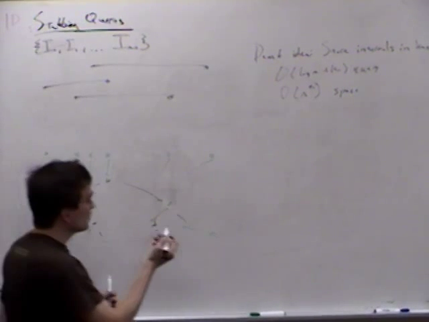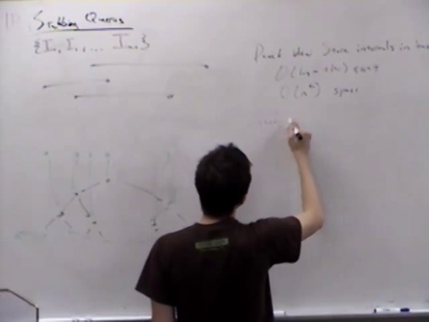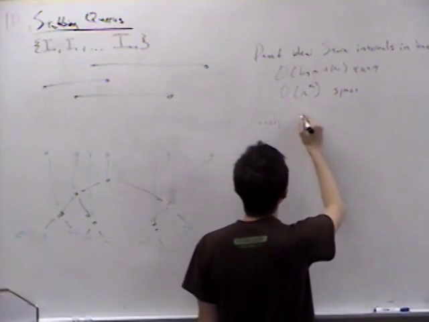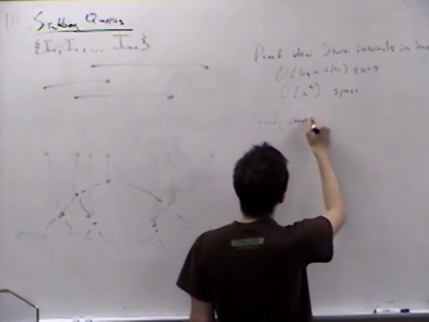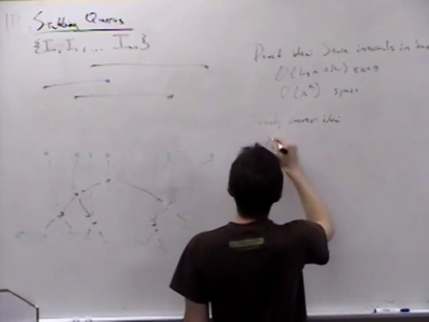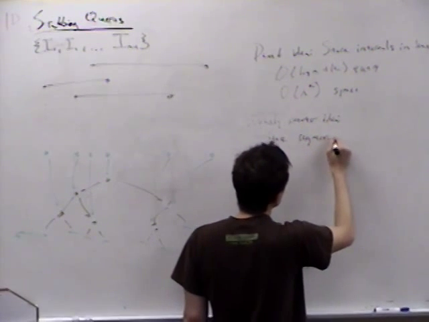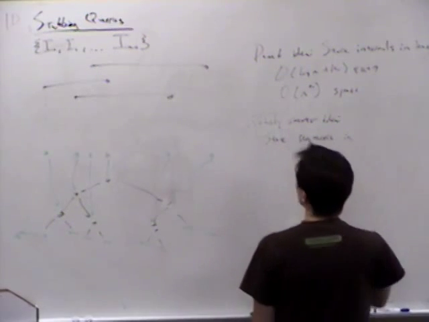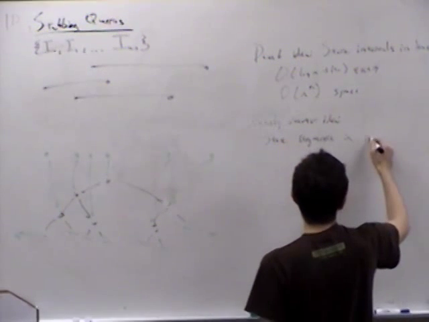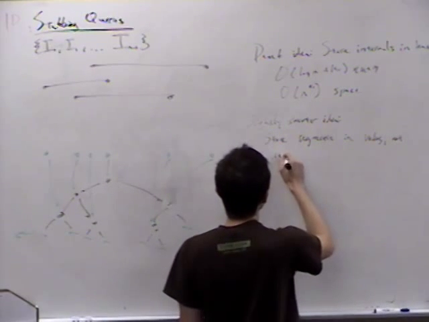So here's the slightly smarter idea, still maybe kind of dumb in light of what we've already seen, is to basically store segments in nodes, not leaves.